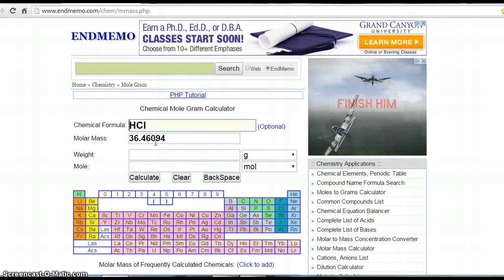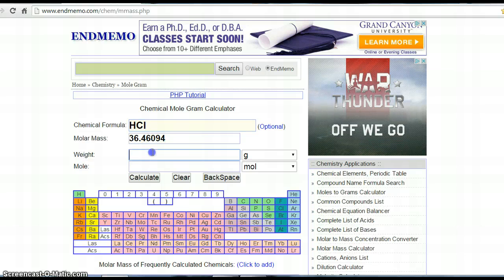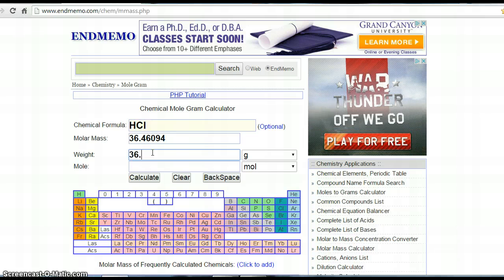To confirm this using this calculator, all I have to do is type in the weight of hydrogen chloride in mass here. The mass of hydrogen chloride is 36.461, and here the units I'm using is grams.